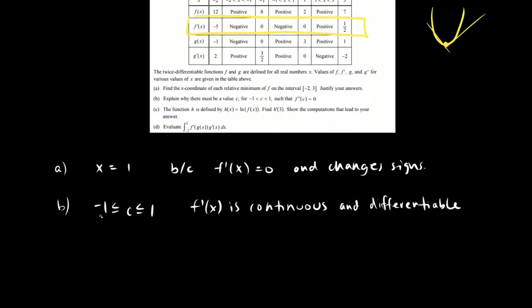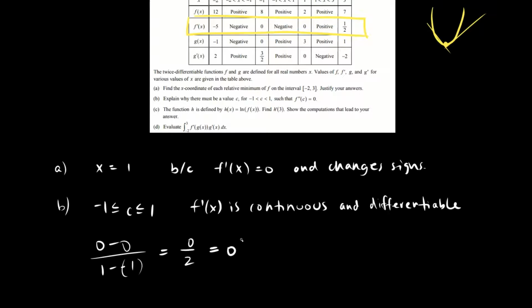So now let's find the slope of our secant line from our endpoints, -1 and 1. f prime of 1 is 0, and f prime of -1 is also 0. So 0 over 1 minus -1, which is 0 over 2, is just equal to 0.